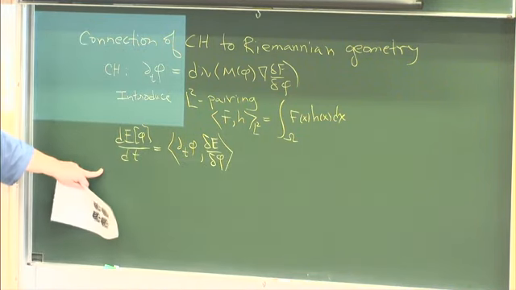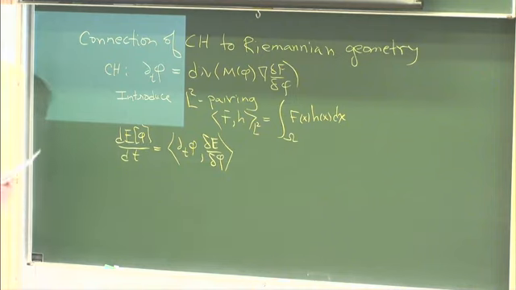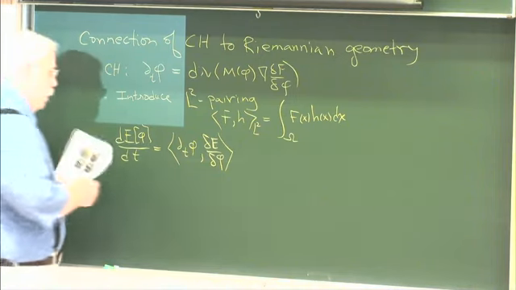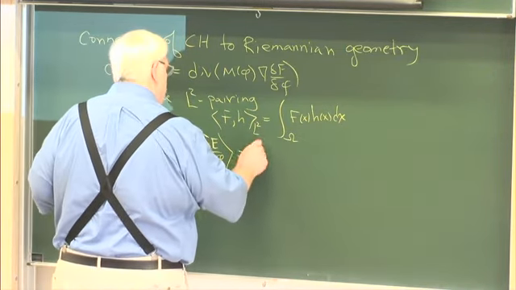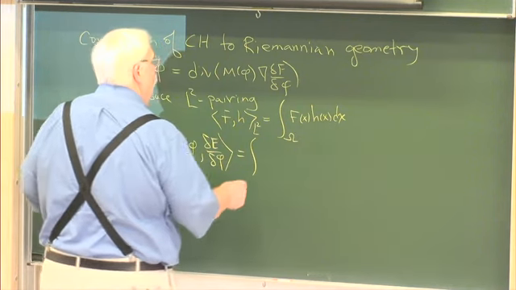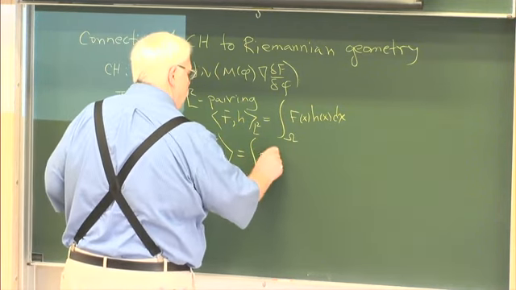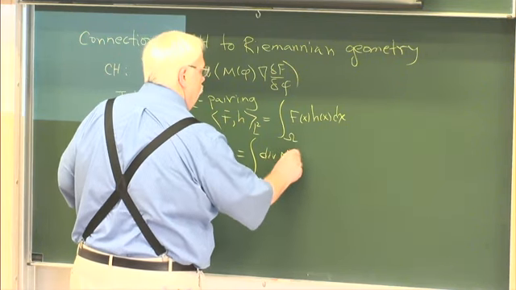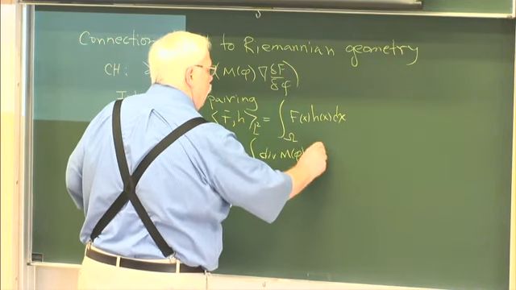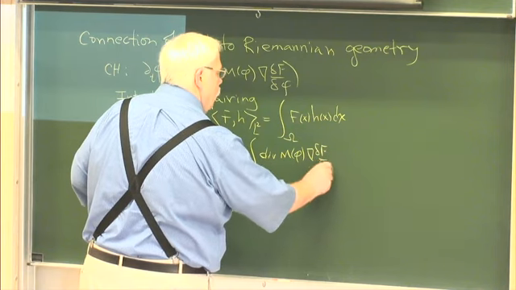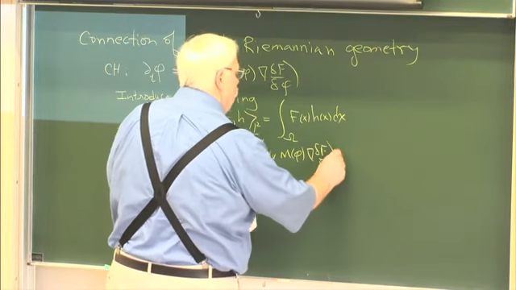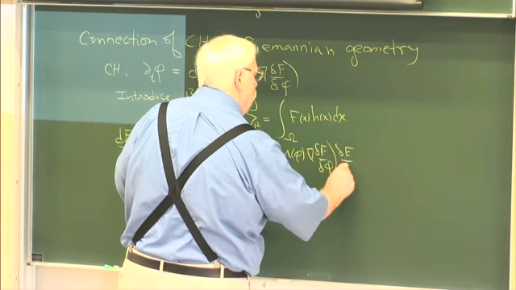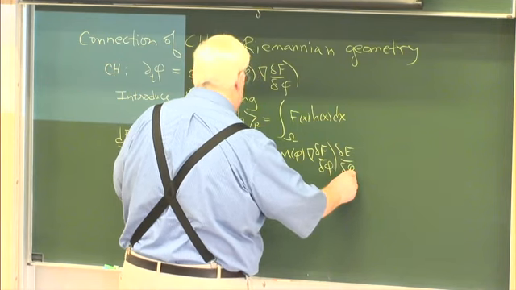Okay, and this guy here, take this formula, this is the integral of m of phi grad delta F delta phi times grad delta E delta phi.